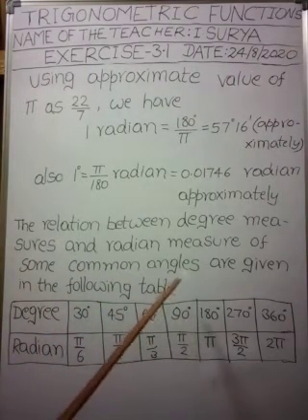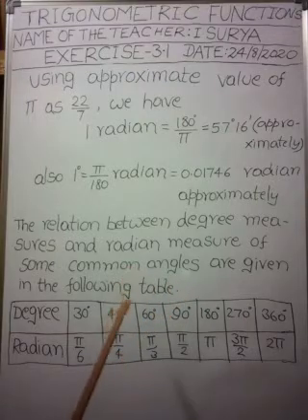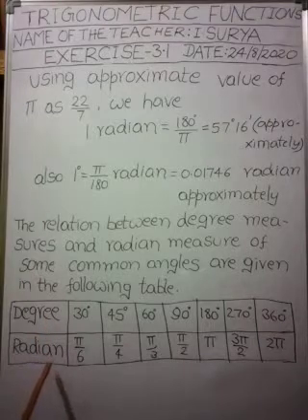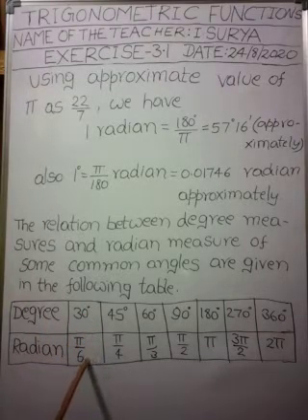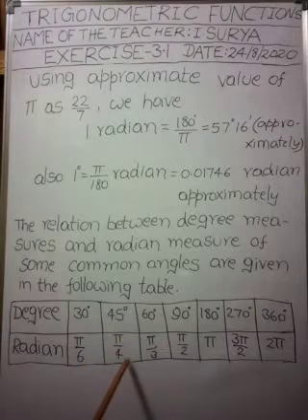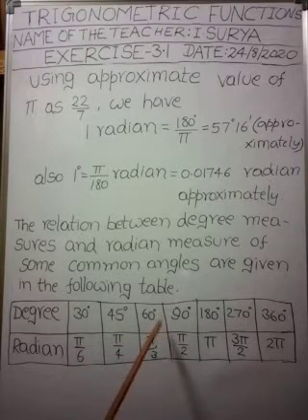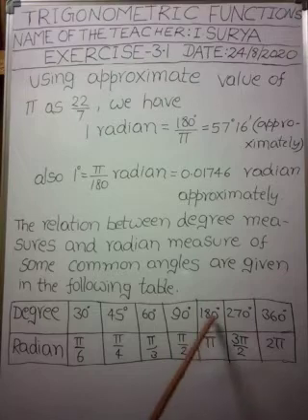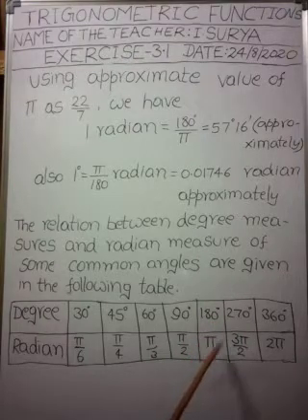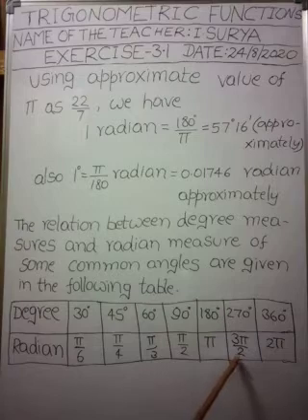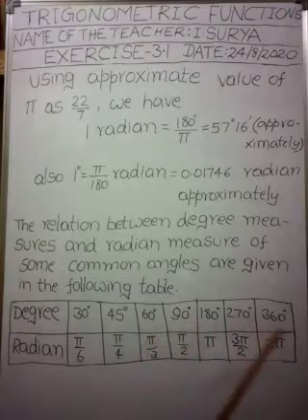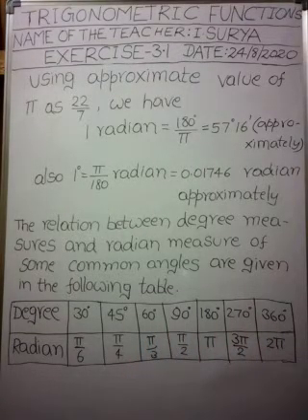Throughout this trigonometric functions chapter, you should remember the relation between degree measures and radian measures. 30 degrees is equal to pi by 6 radians. 45 degrees is equal to pi by 4 radians. 60 degrees is equal to pi by 3 radians. 90 degrees is equal to pi by 2 radians. 180 degrees is equal to pi radians. 270 degrees is equal to 3 pi by 2 radians. 360 degrees is equal to 2 pi radians. Remember this table, my dear children, throughout this trigonometric functions chapter.